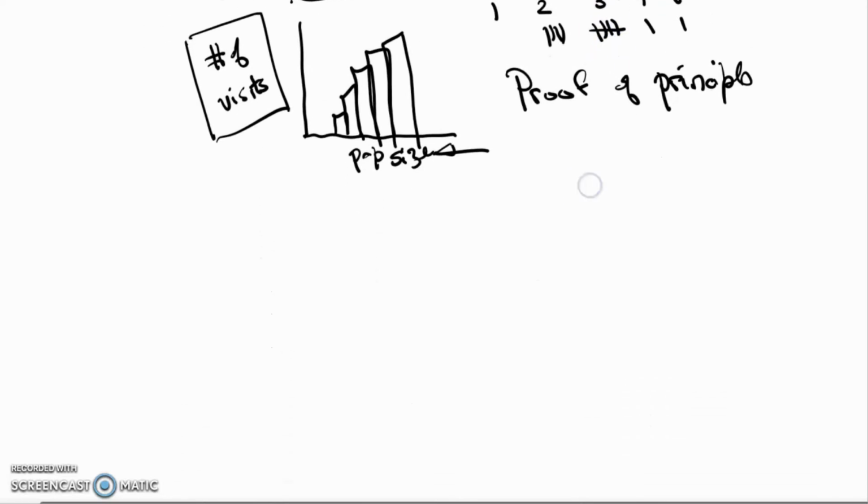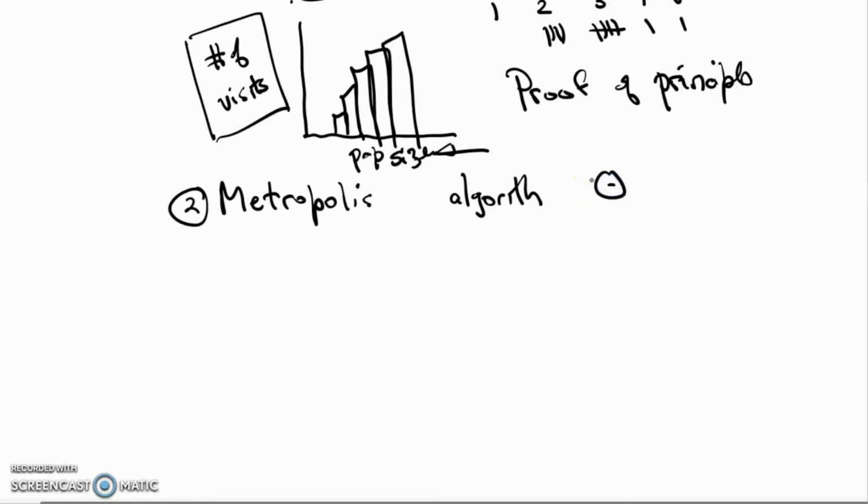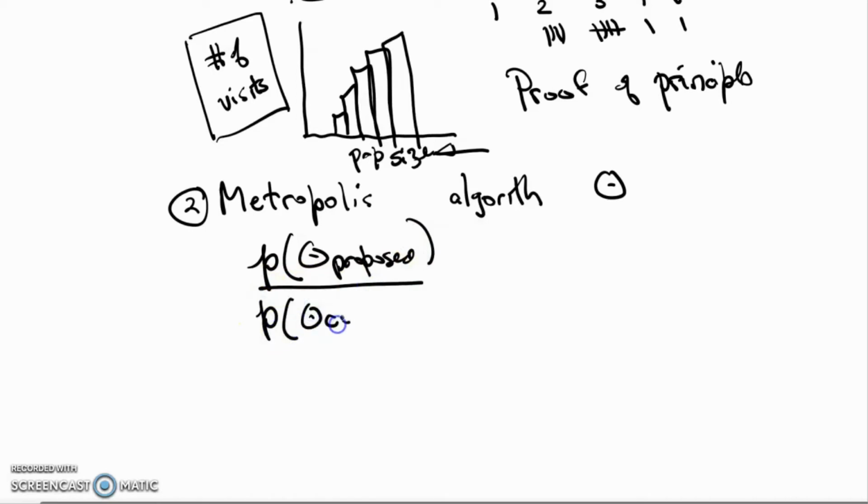So then we moved on to something slightly more realistic, where we applied the Metropolis algorithm to the Bernoulli binomial parameter theta. What happens in this case is that we take a ratio, once again: the probability of theta proposed divided by the probability of theta current.